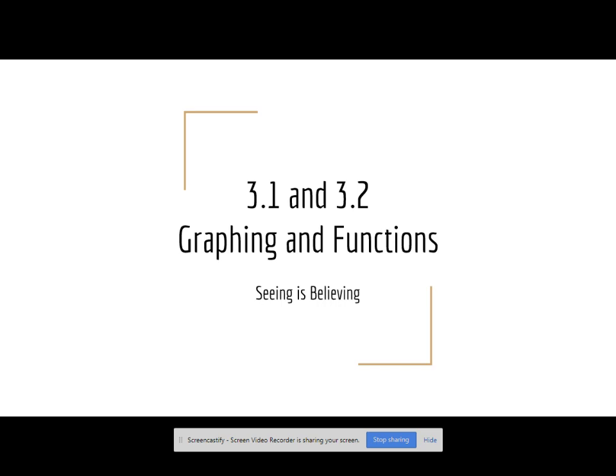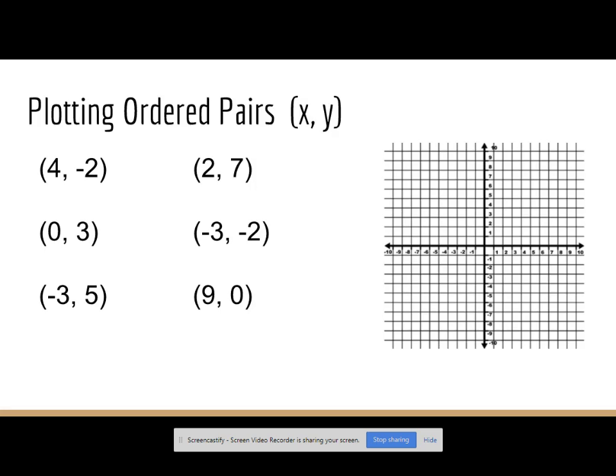So graphing. Many of you have seen this before, plotting ordered pairs on a coordinate plane. So we have this coordinate plane here. This is the x-axis, the horizontal axis. When we talk about x and y, really we're just talking about two axes.